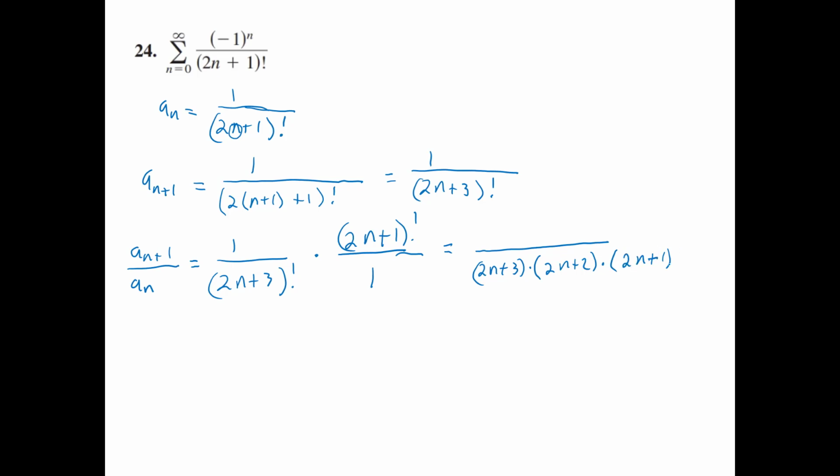But then that matches with what's on top, so we stop there and just call it the rest of it factorial. And then you have (2n plus 1) factorial, and then the (2n plus 1) factorials go away. So this works out to be 1 divided by (2n plus 3) times (2n plus 2).